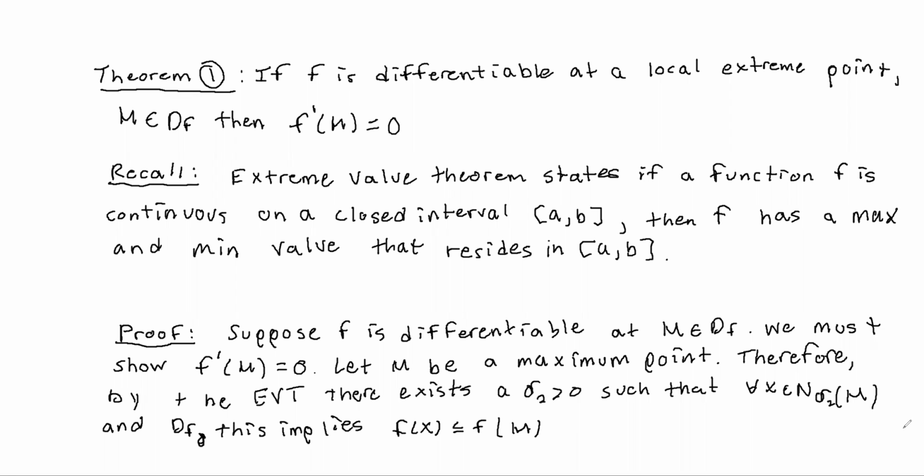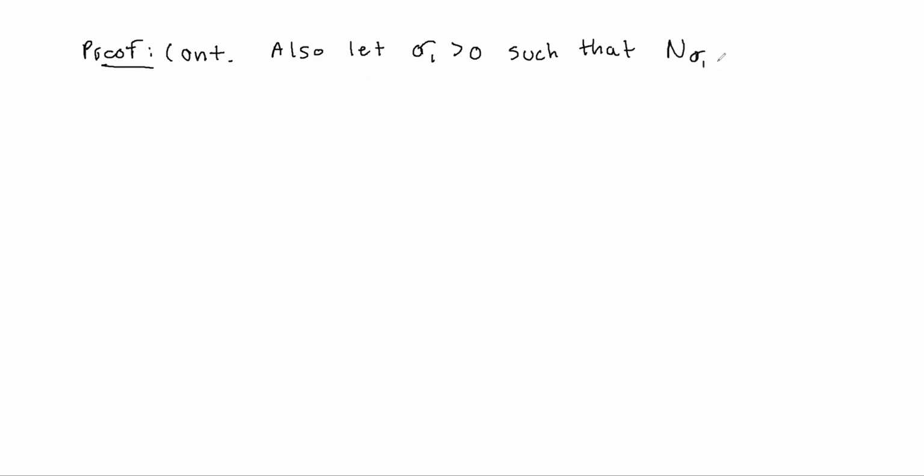Let me go to the next page. What I'm going to do is also let delta sub 1 be greater than 0 such that our neighborhood of delta sub 1 of mu is a subset of D sub f.